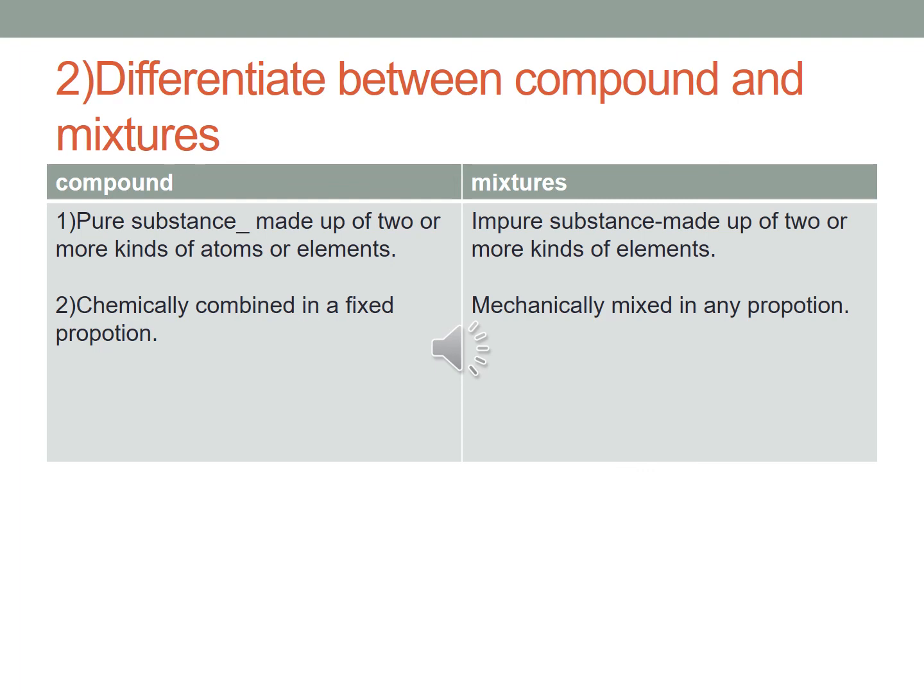Mixture is an impure substance made up of two or more kinds of elements or compounds. Second point: compound is chemically combined in a fixed proportion, but mixture is mechanically mixed in any proportion.